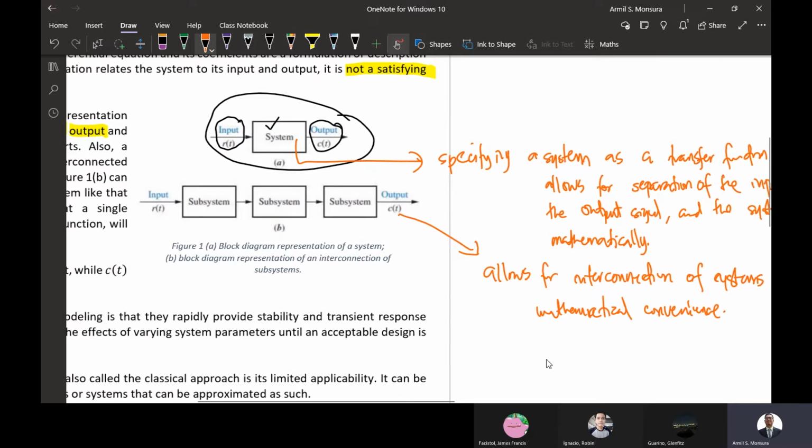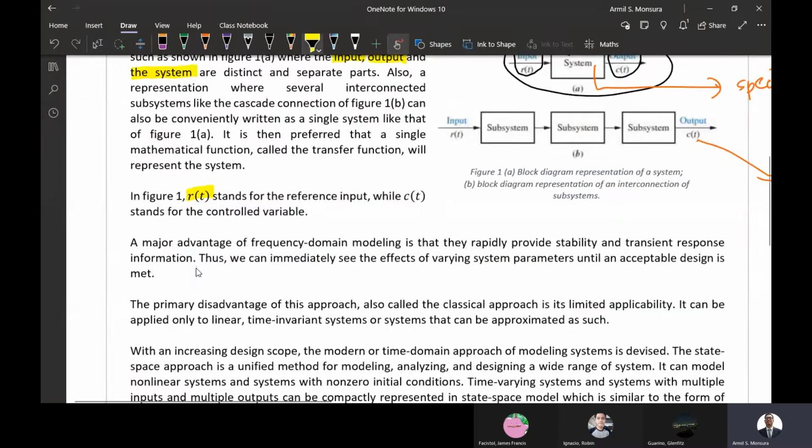So we just remember that in this figure, R of t is your reference input, while C of t would refer to your control variable. R of t is said to be our input, and C of t is said to be our output or response.